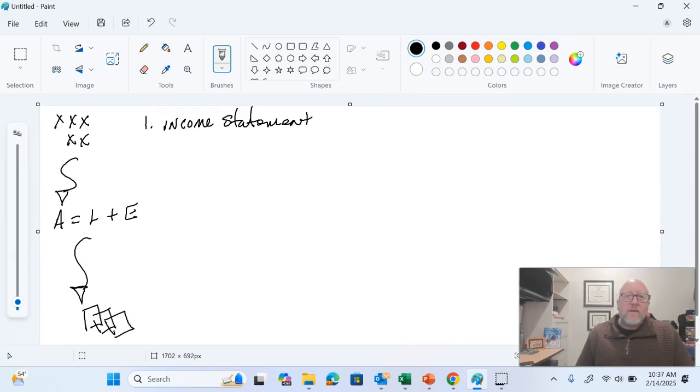And the income statement has, more or less, two components. It starts with revenue. And revenue is the money that I earn from selling my hoodies, right? So if I sell a hoodie for $50, the $50 that a student would give me, I consider that revenue.